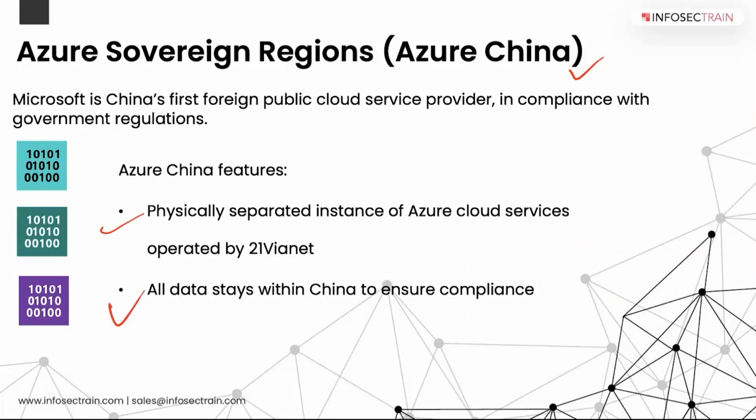So these are a few things regarding the governance and compliance features of Azure. This was the very last topic, guys, for this session, and this was our Azure section of your Cloud Expert Masterclass.